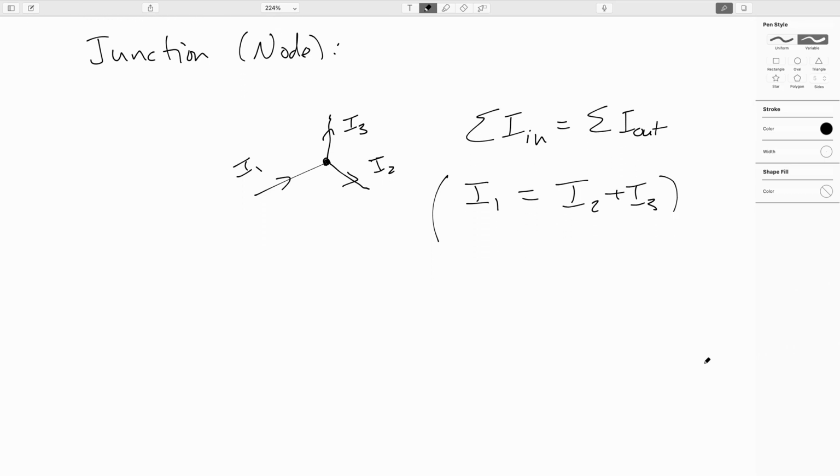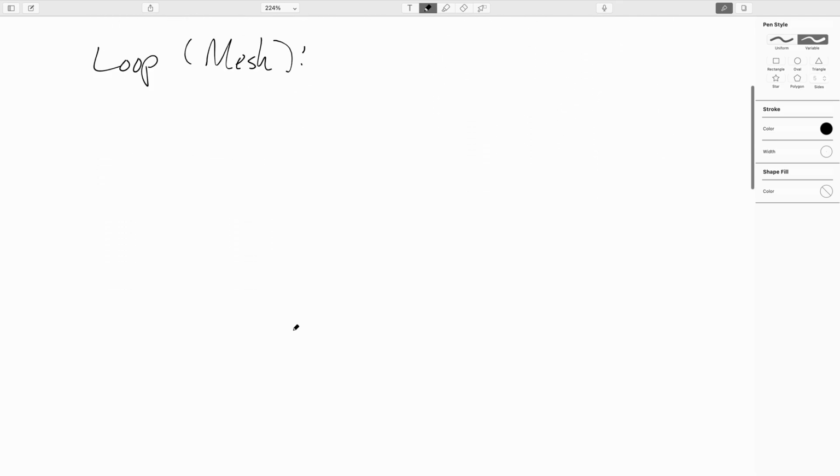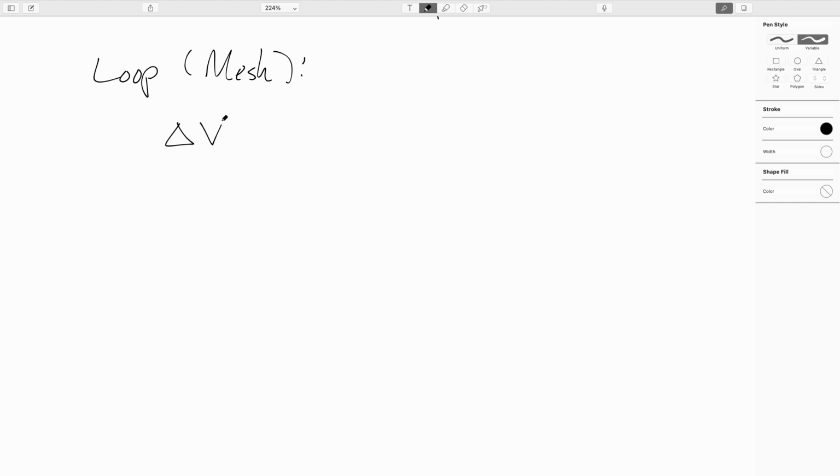And we've also seen his loop law, which is also known as his mesh law, depending on what book you look in. This just said, if I look at a bunch of points of interest that make a loop, and I add up all the changes in voltage around the loop, that would equal 0.